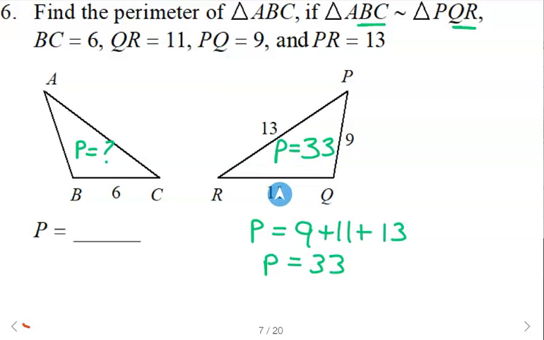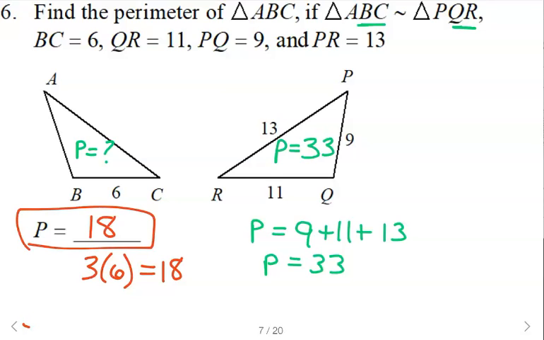Well, the perimeter is 3 times this side length. It just happens to be that way in this triangle. So the perimeter over here, since it's similar, will have to be 3 times this side length. So 3 times 6 gives us 18 for this perimeter. Perimeters are proportional to the sides.